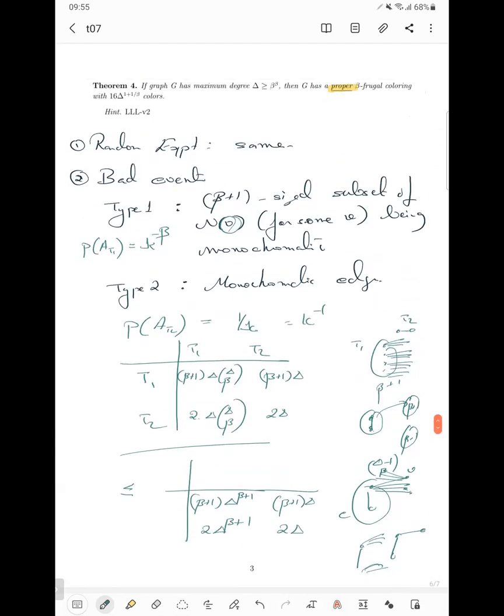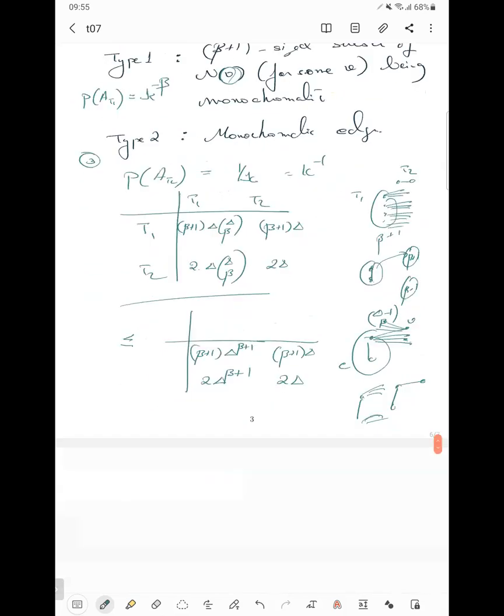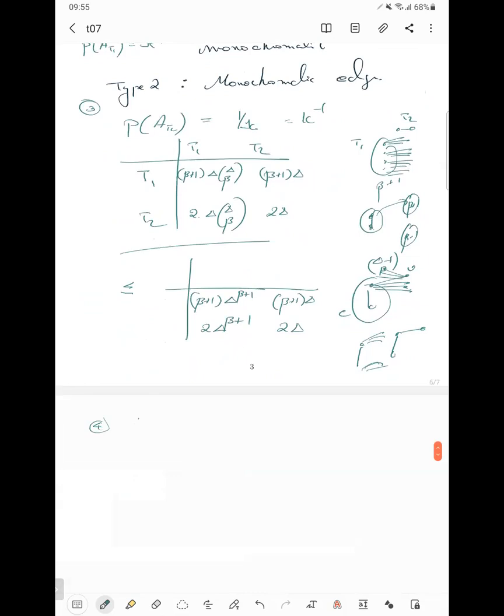This is the dependency. Yeah, this was the third step, the dependency, and the fourth step is to check LLL V2, which means we have to bound 2 kinds of things. So for type 1 events, what would be the sum over this dependency of P of A?